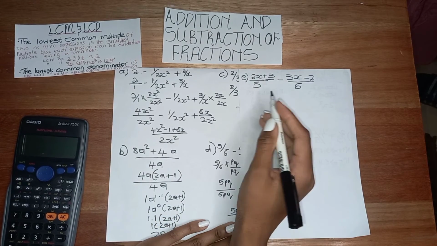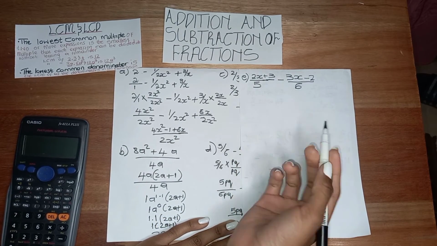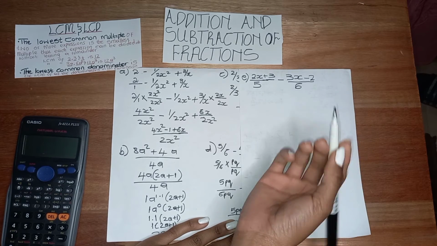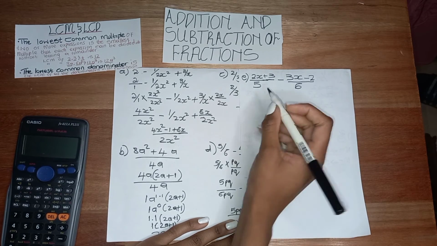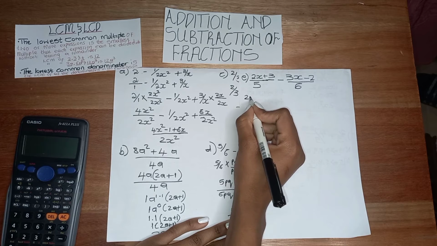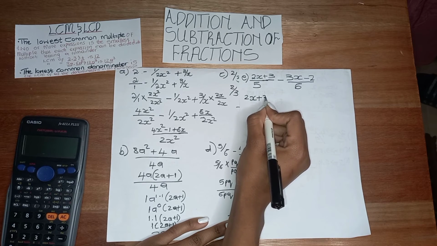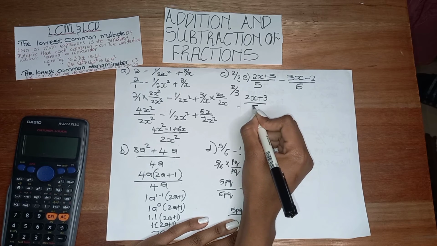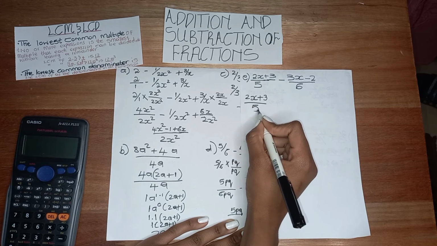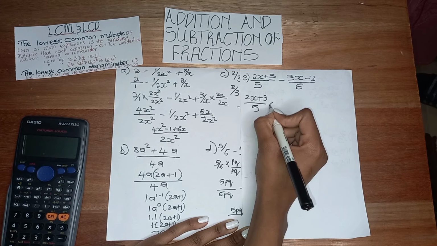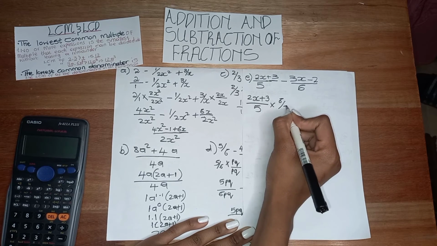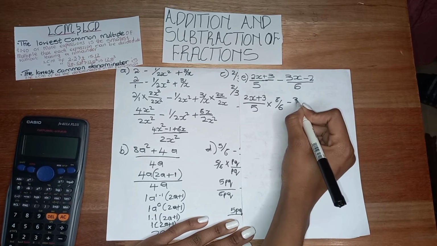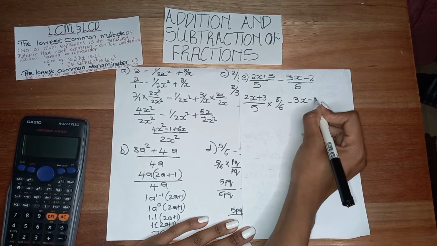So as you can see here, we're not having the same denominators, meaning that we have to make the denominators the same. So we can just do like this. We can just multiply this denominator 5 with 6 over 6 minus, like I've explained before, minus 2.